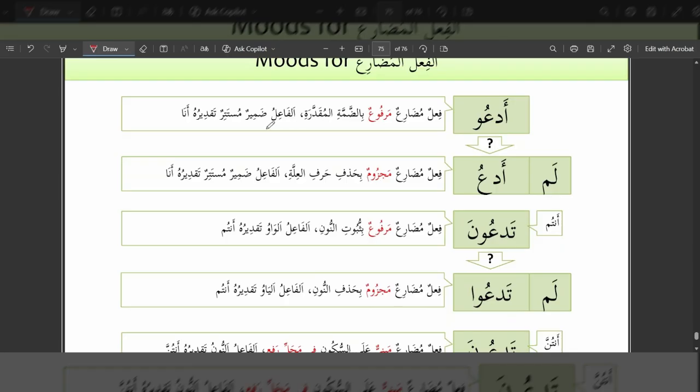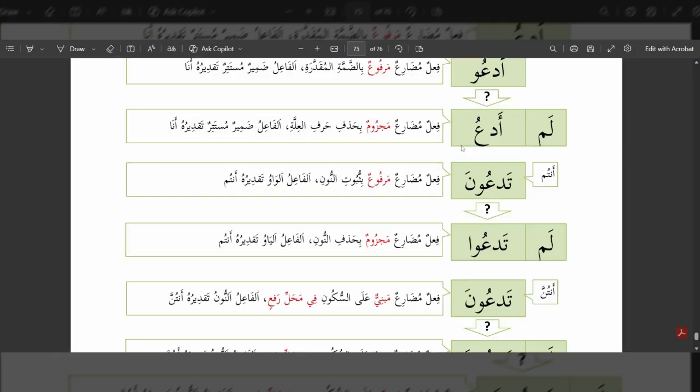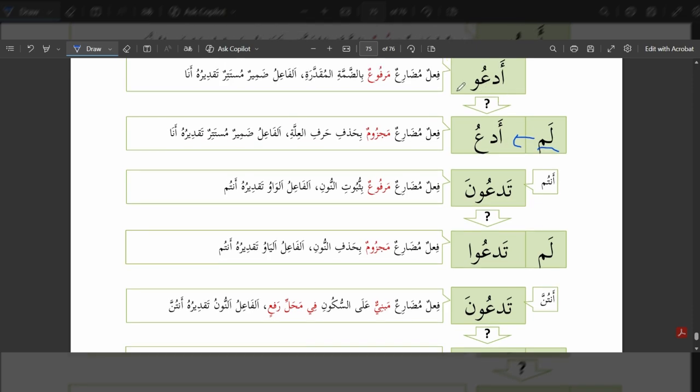And the fa'il, the doer here, is a hidden attached pronoun, which is ana, I. Then when we put lam, which means did not, so when we put this negation here, then it requires the verb after it to be in the majzum form. So therefore this has to change to majzum form. From ad'u, it becomes ad'u. Lam ad'u. I did not call.